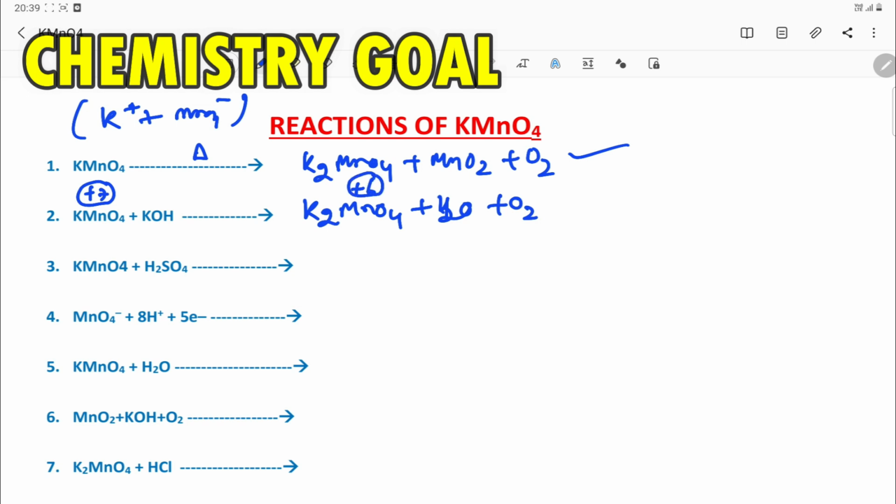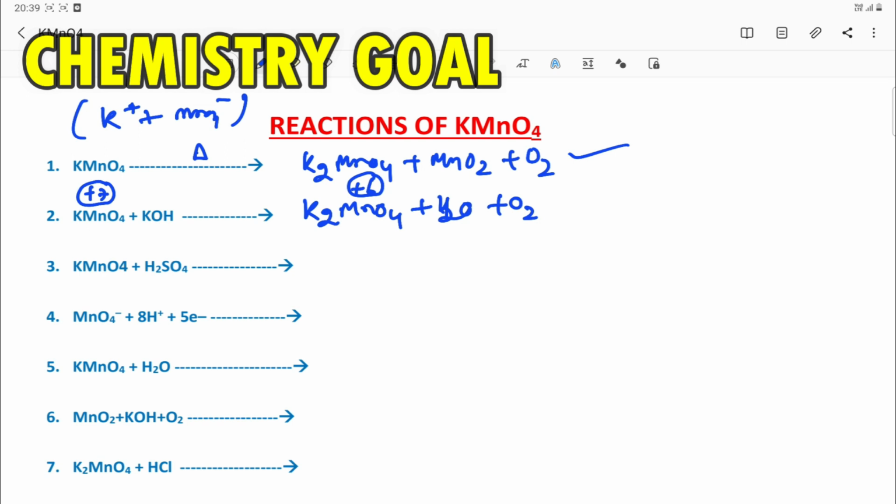Here +7 changes to +6. That means potassium permanganate gets reduced to potassium manganate. Potassium manganate is stable in basic medium, but potassium permanganate is stable in acidic medium. That's why it gets reduced to potassium manganate.